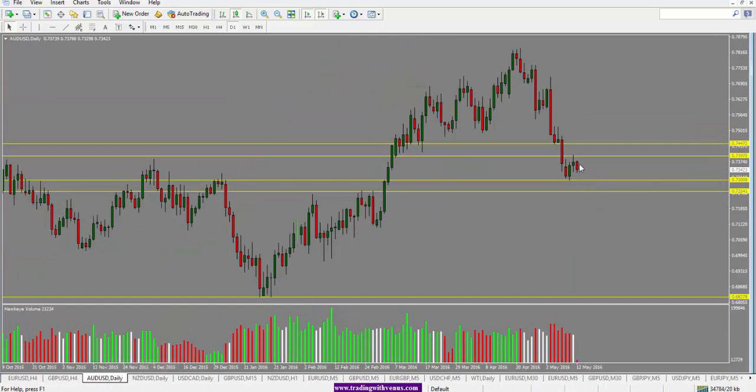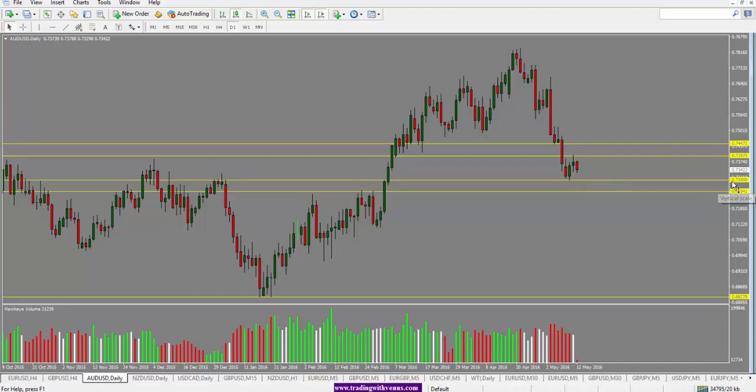For the Aussie US dollar here, the price has been in this range over the last couple of days. It did go up to test the high here at the 0.7400 level, and then it has backed off of that since then and dropped. So this will trade as a range bound market here as well.